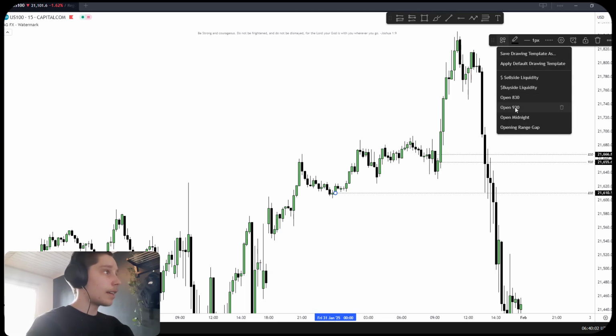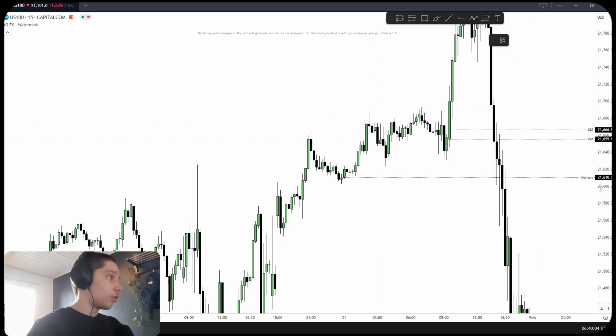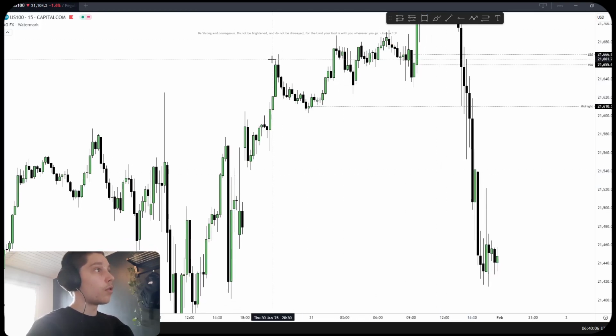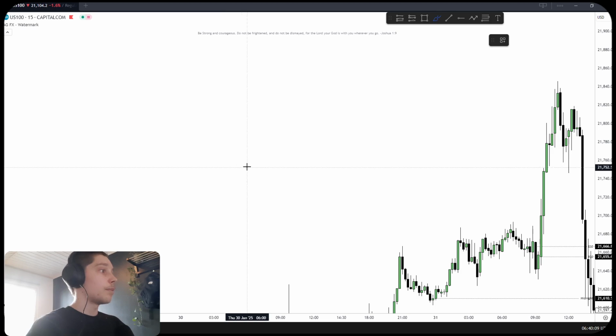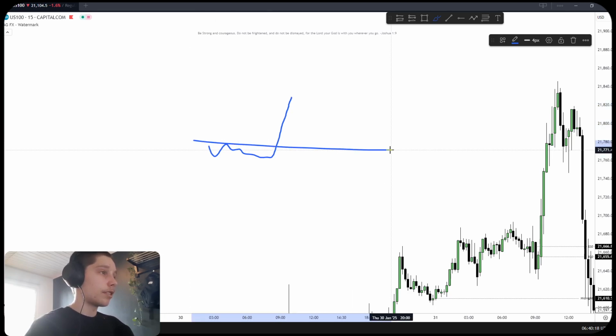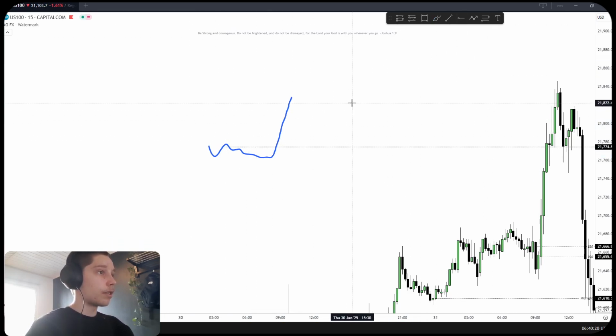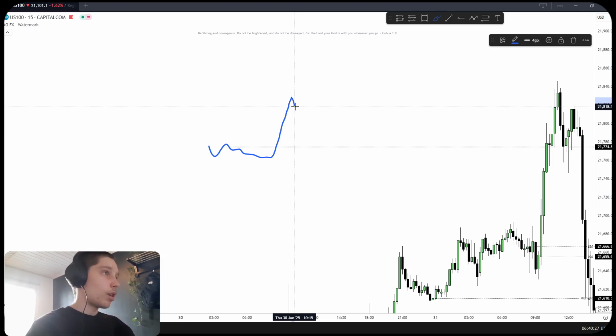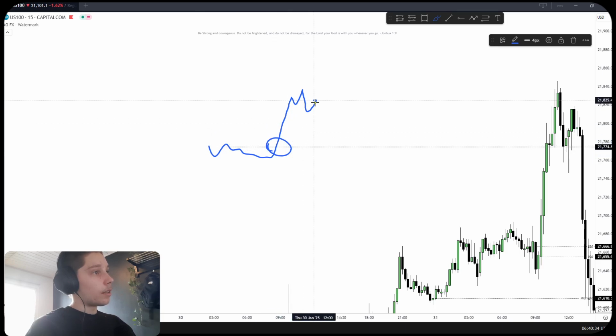Now, how I utilize these prices, I'll show you in a minute, but if you know the power of three concept, let's say I'm trying to take shorts and we see that price is manipulating above the 9:30 price, let's say in here. Price manipulates above it, and now I'm looking for shorts anyway, so this is a good sign that this is a manipulation higher because we are above this price, and then we move lower.